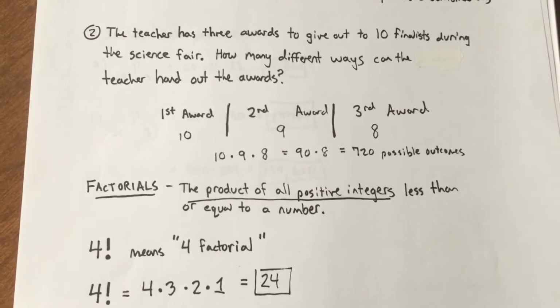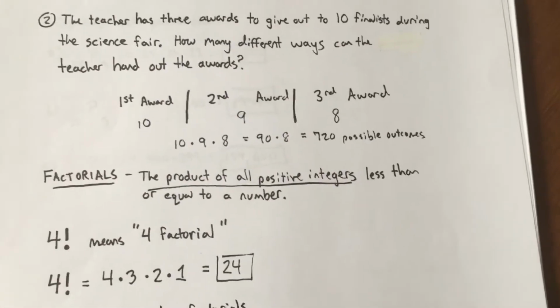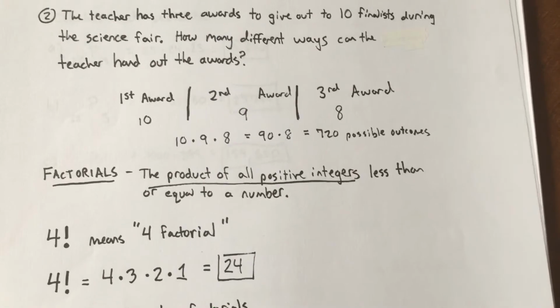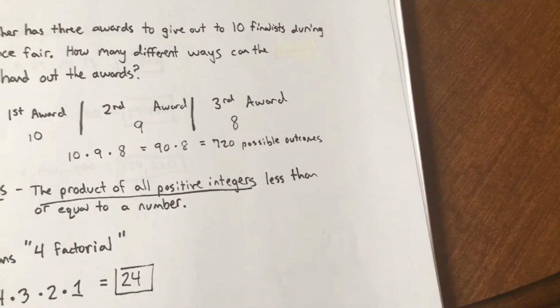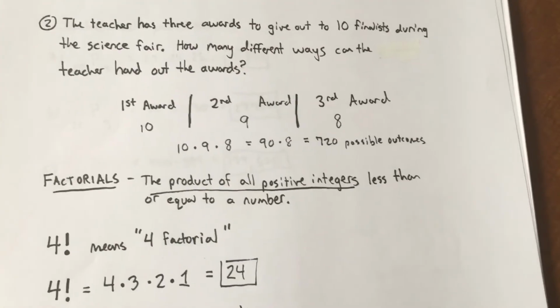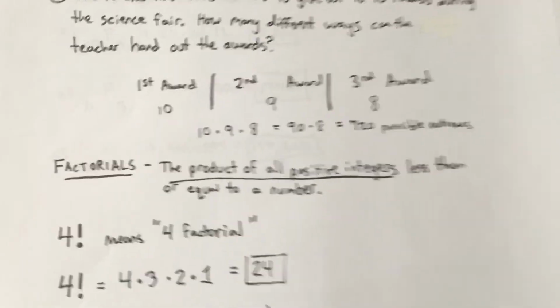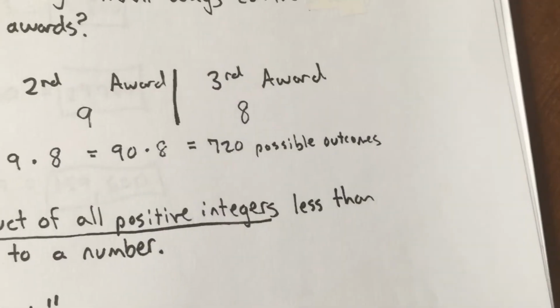Well, for the first award, the teacher has 10 students to hand it out to, and then after the teacher gives out the first award, there are 9 students left over to give it to, and then with the last award, there are 8 students left over. So we can use the multiplication principle or the counting principle again to find out the total number of possible outcomes. So 10 times 9 times 8, which works out to 720 possible outcomes.